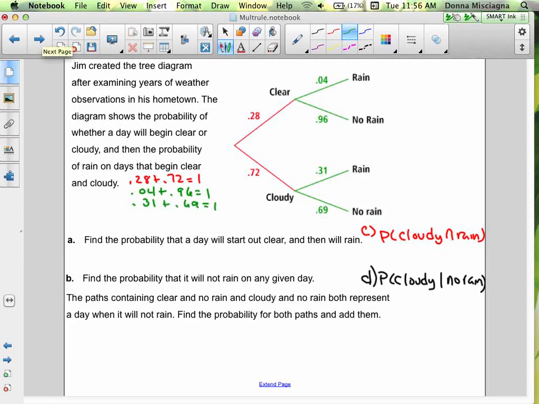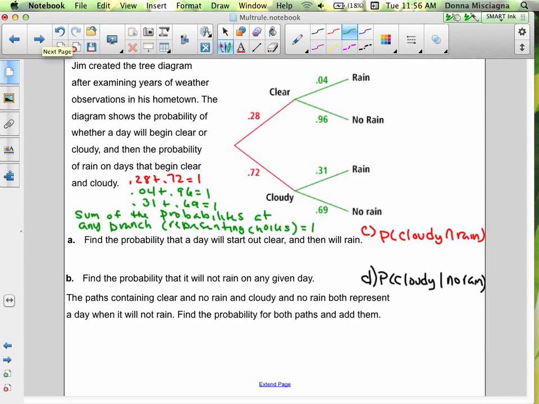So an important thing when we're making a tree diagram is that the sum of the probabilities at any branch, and those are the ones that represent our choices, so clear, cloudy, rain, no rain, equals 1.